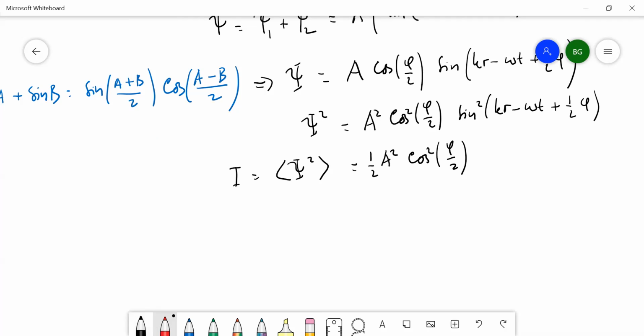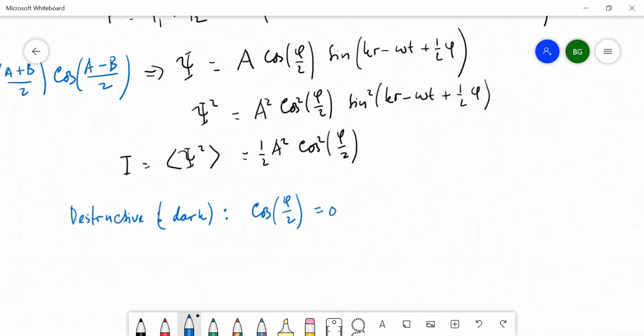So destructive means that this is dark. Dark means that cos(v over 2) is 0.